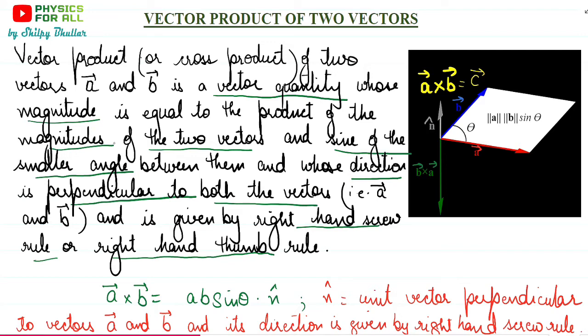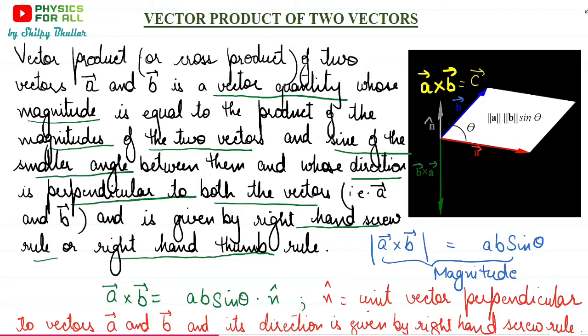And if we have to find the magnitude of this, then we can write A cross B, obviously within the bars, and that is simply AB sine theta. This is the magnitude. Now where has the vector gone?